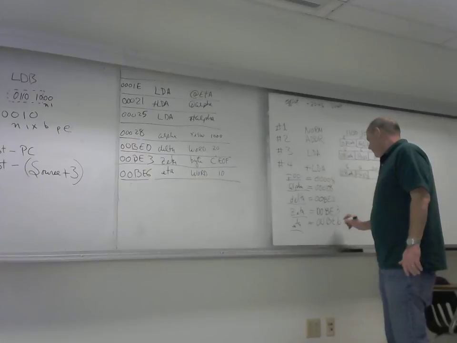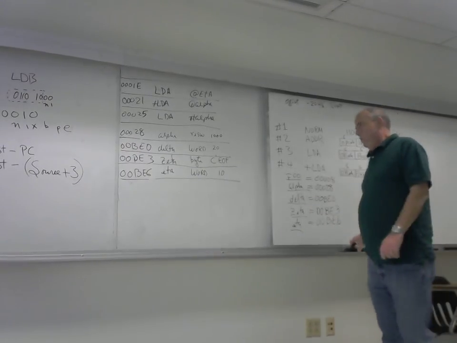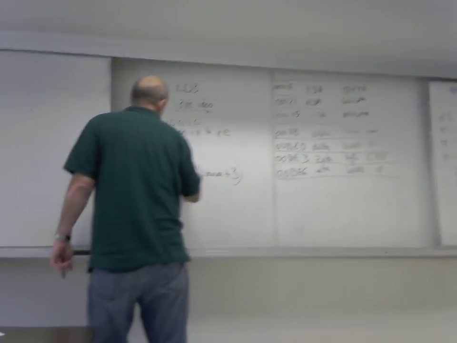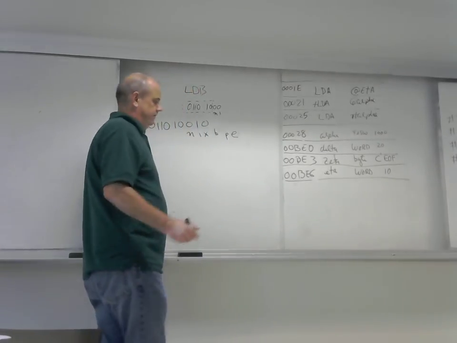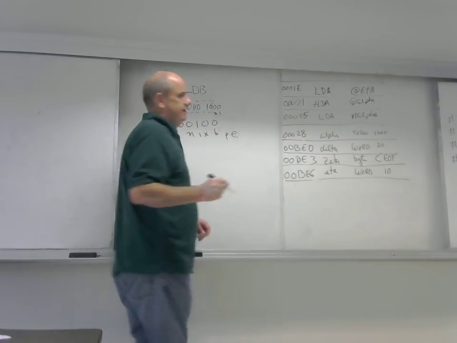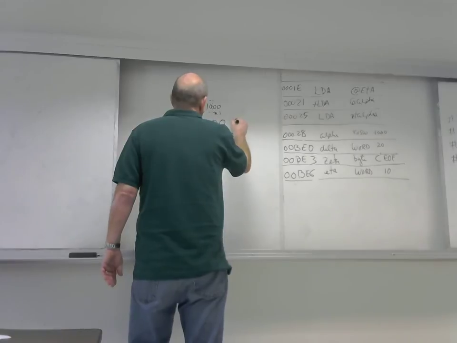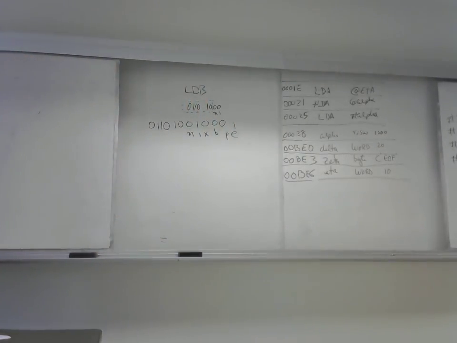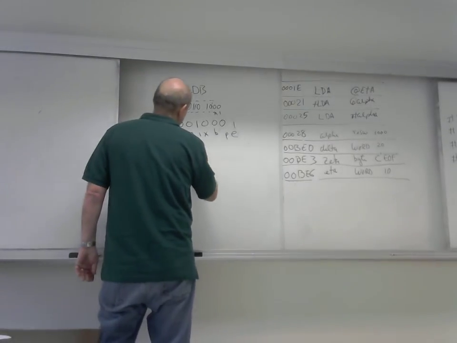Problem solved. Okay. Now then, it's a format 4, so what are we going to do? Is it base relative? Can't be. Is it PC relative? No, it's format 4. So we set the E bit, and then we put the full address of delta. So we regroup, and we have 6, 9, 1.